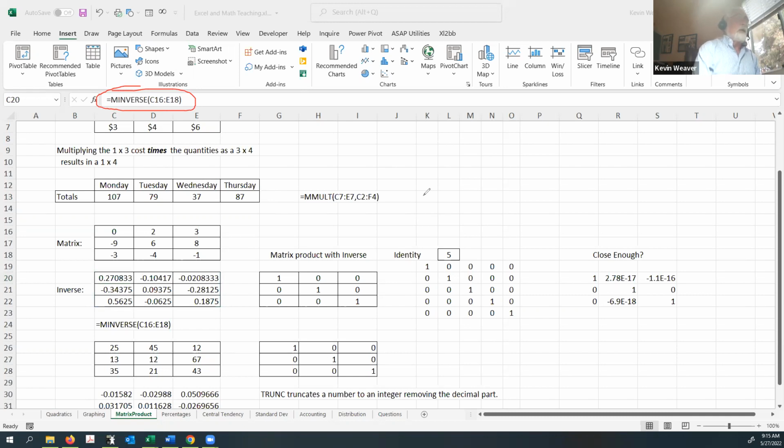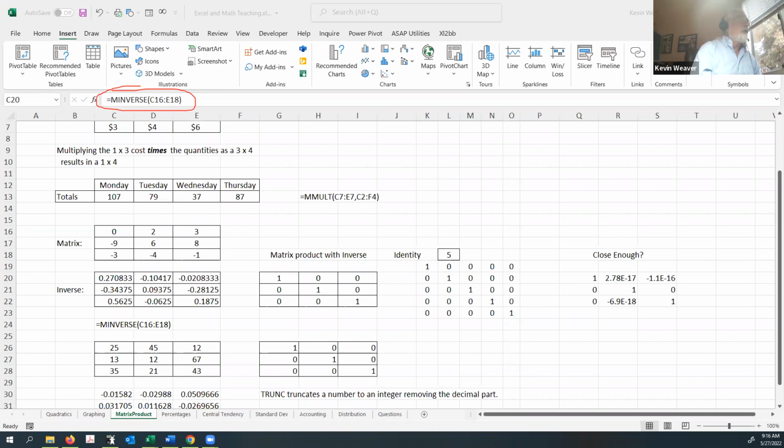So in this case, I want the matrix inverse of the table just above. That is a 3 by 3 containing 0, 2, 3, negative 9, 6, 8, and negative 3, negative 4, negative 1. And there is the matrix inverse with outrageous looking numbers, of course.